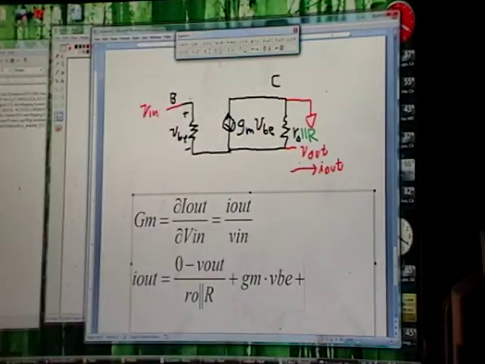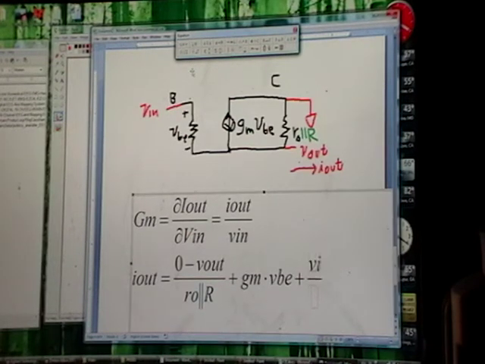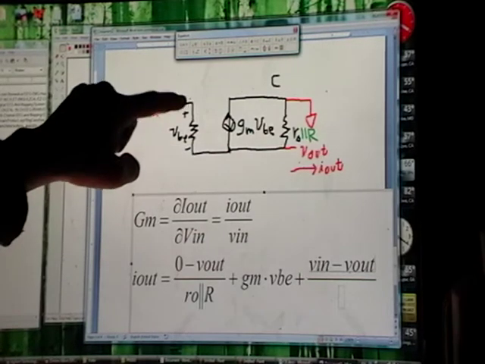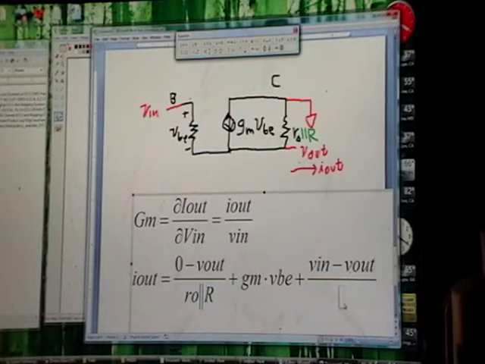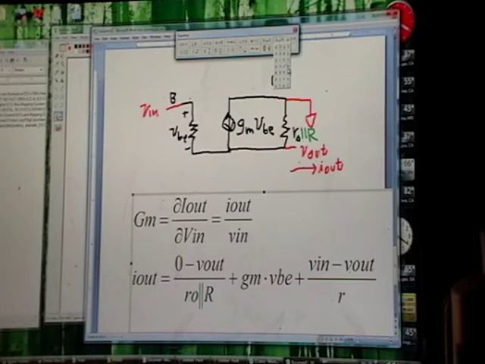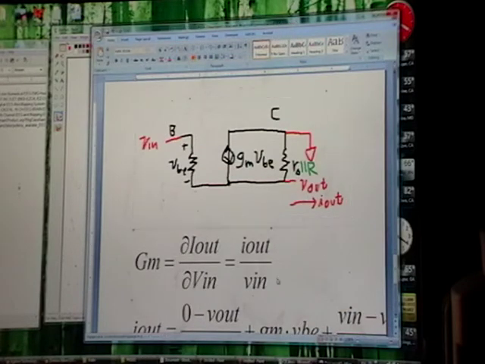The current going down that branch, again, isn't the prettiest equation. V in minus V out. The voltage across there is V in on this side and V out on that side. And then, I forgot to put in the R pi again. That's R pi.